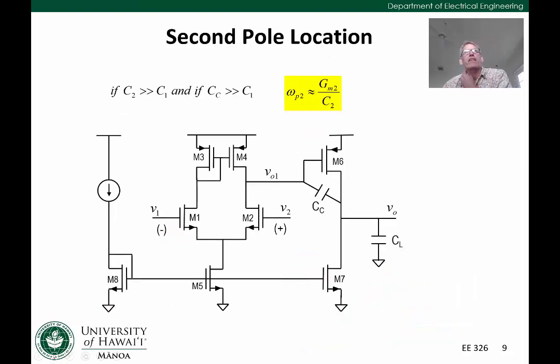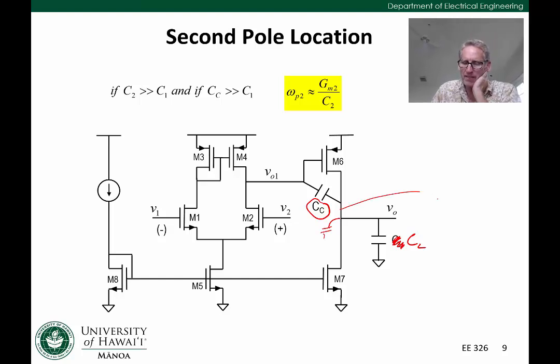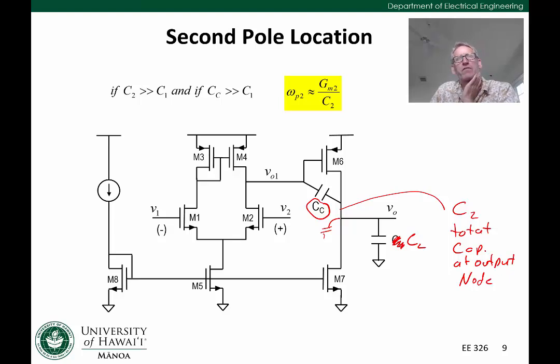So let's look at our circuit again. Remember, we have our compensation capacitor here. Now what we're saying is that omega p2 is GM2 over C2, where C2 is a combination of CL and all the other parasitics. So the total capacitance at this output node is C2, and our small signal model uses the total capacitance.